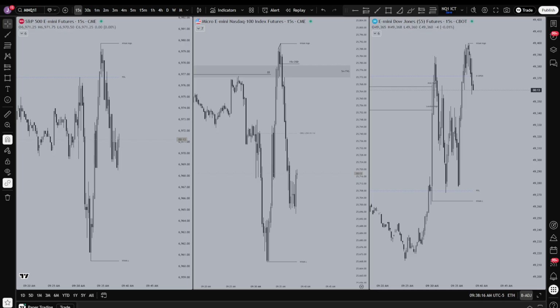See, let's see. Would have been down to short if we closed that gap.